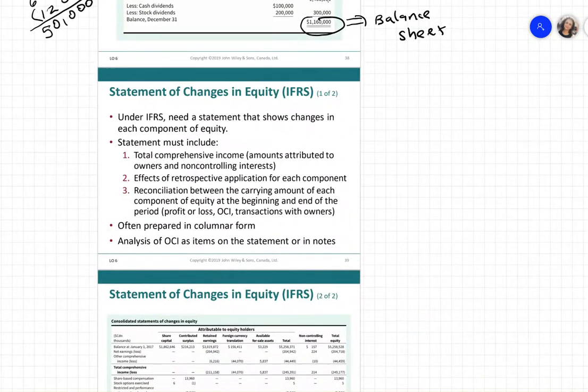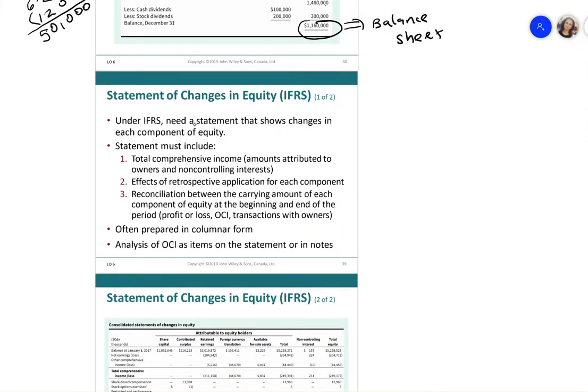Now, going further, under IFRS we need a statement that shows changes in each component of equity. We have shareholders' equity, and under it we have different components, including, of course, retained earnings. It includes total comprehensive income attributed to owners and non-controlling interest, effects of retrospective application of each component, and a reconciliation between the carrying amount and each component of equity at the beginning and end of the period: profit or loss, OCI.